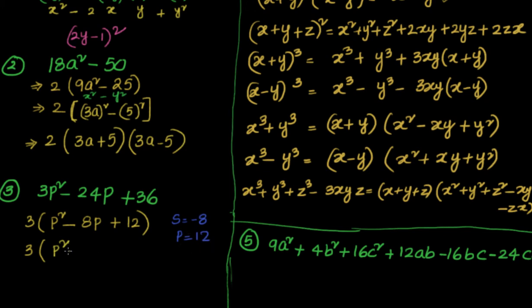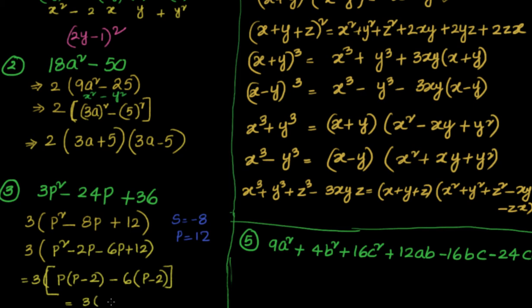So I will say p square minus 2p minus 6p plus 12. That is equal to 3 into, I can take p common here, it leaves me p into p minus 2, minus 2p. I can take 6 common here, so that this is again p minus 2. So this is equal to 3 into p minus 2 into p minus 6.